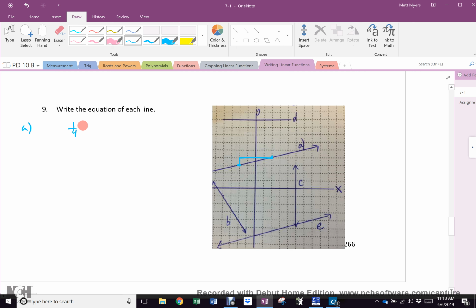1/4. Bracket. Can I use that point right there? What is it? x what? Negative 2 plus 2. And what's on the other side? Y minus 3. What if I use that point? What would it be?